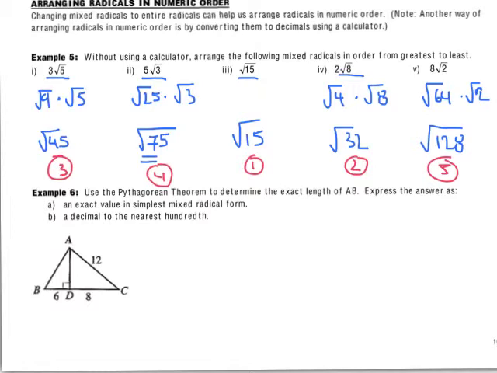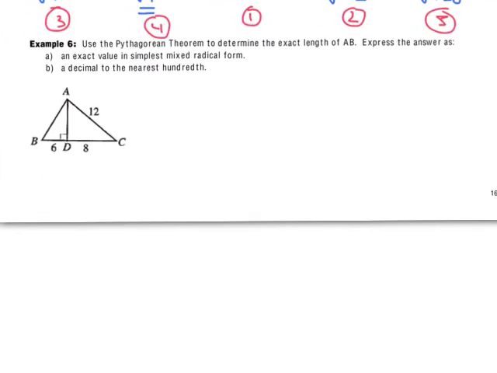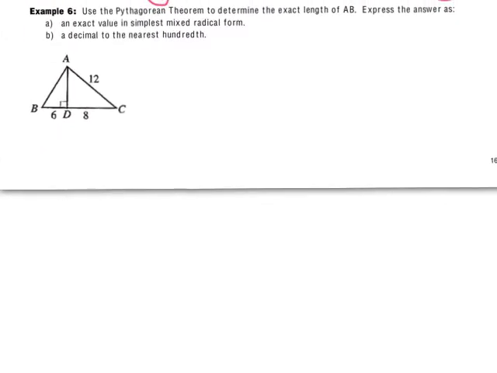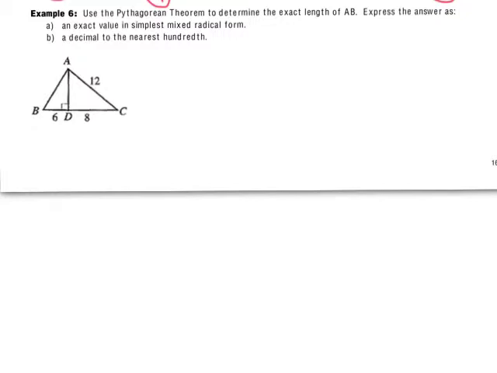Okay, let's keep going here, and we'll try a word problem with radicals. Okay, so it says here, example 6, use the Pythagorean theorem, good old Pythagoras, hopefully everybody remembers him, to determine the exact length. When they say exact, they mean they don't want any decimals, they want either fractions or radicals.